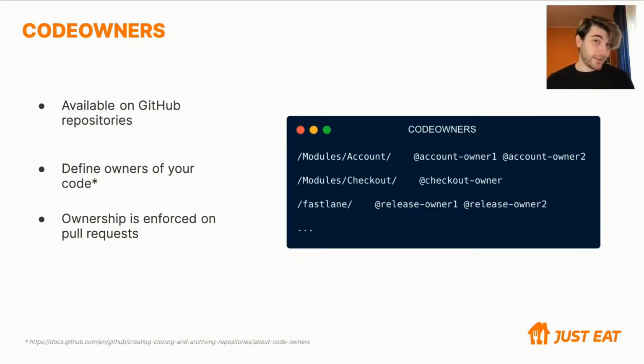This was definitely a step in the right direction, but for us, it wasn't enough. Not all of our code has an owner, and when it has, sometimes the approvals coming from owners aren't enough to merge a PR.